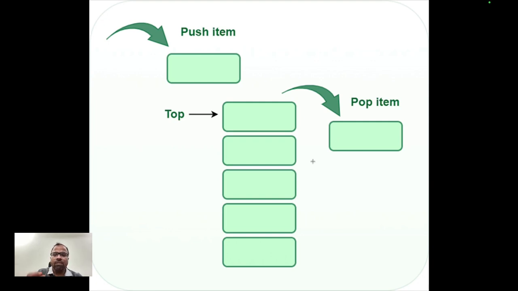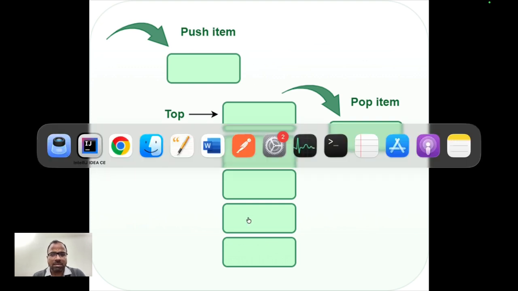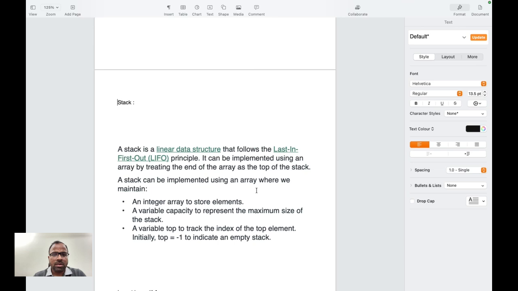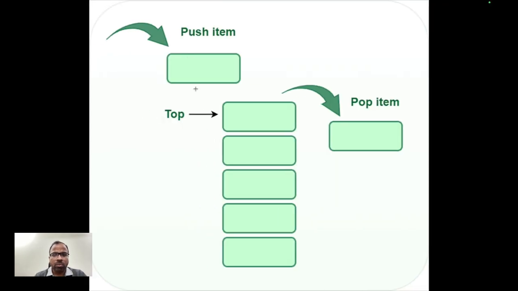The last item which you put in will be the first to come out. You are going to put the stack items in one by one. For example, you place 5, so 5 goes into the stack. Then you place 10. Let's take an example of a stack of 5, 10, 15, 20, and 25. First you place 5.